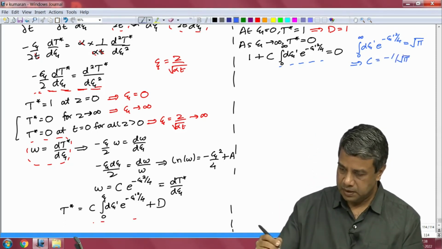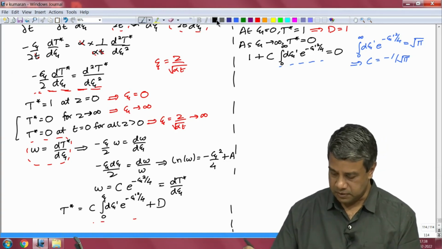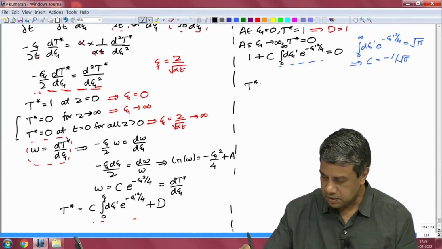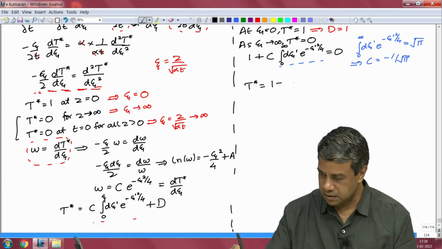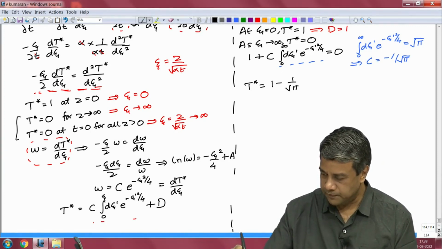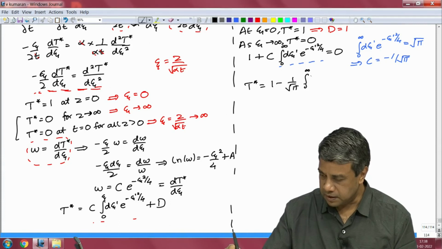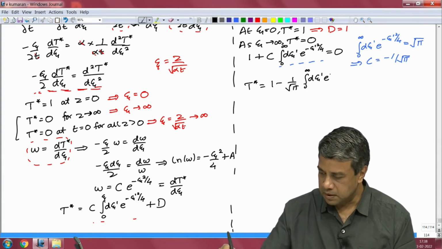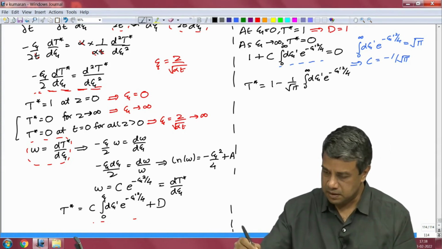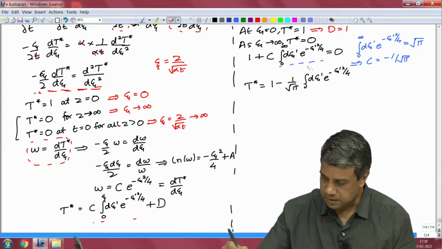And with that, I get the final solution, t star is equal to 1 minus 1 by root pi integral 0 to infinity d psi prime e power minus psi prime square by 4. Sorry, this is from 0 to psi.